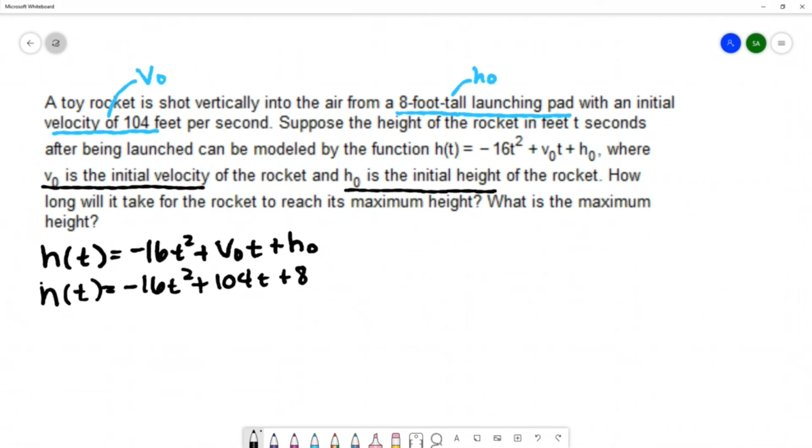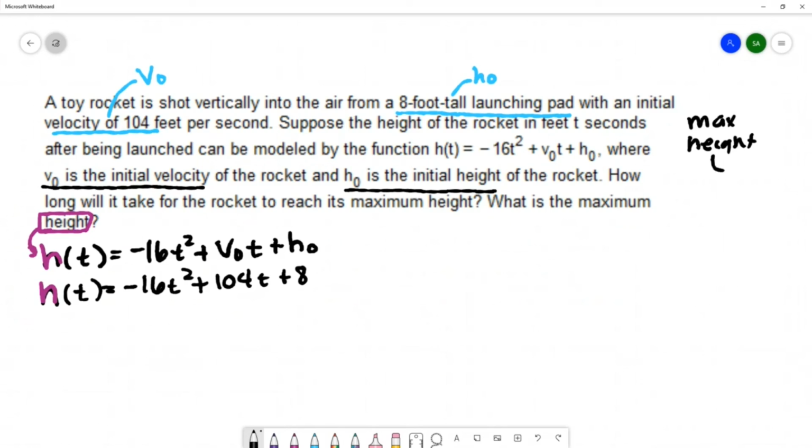We read this question again. How long will it take for the rocket to reach the maximum height, and what is the maximum height? So this h that we have here represents the height. We notice here that our function for height is a quadratic function, and we want to find the max height.